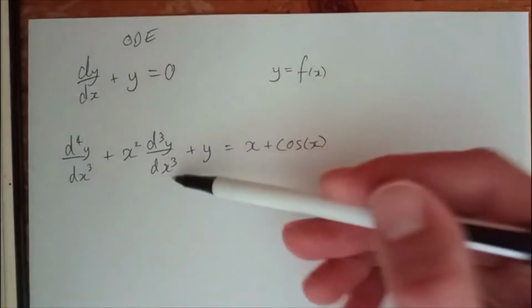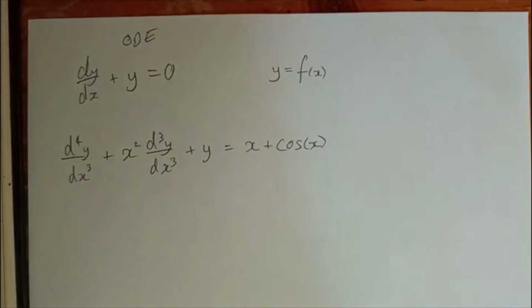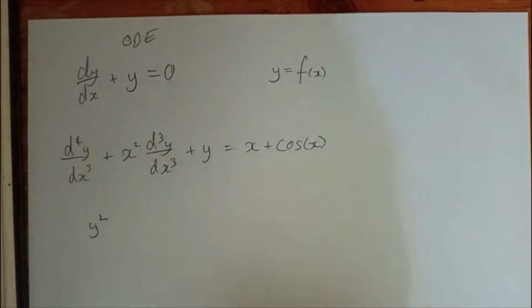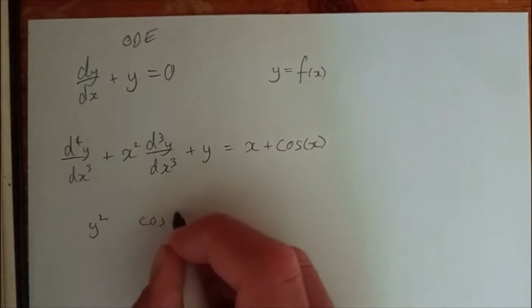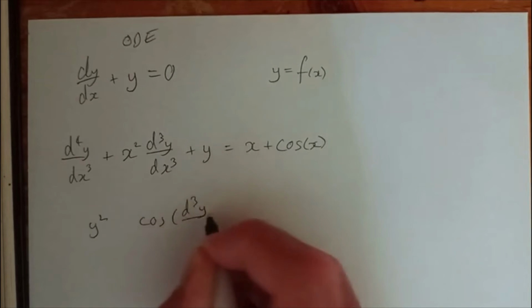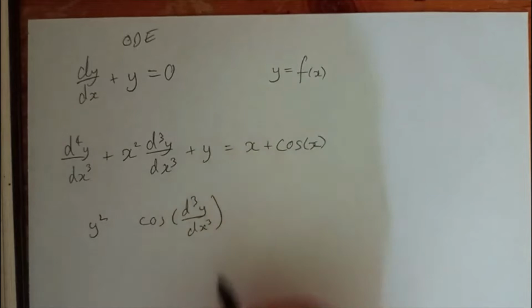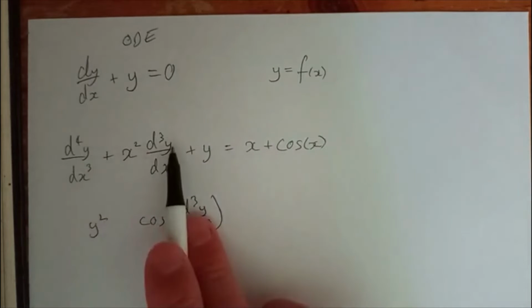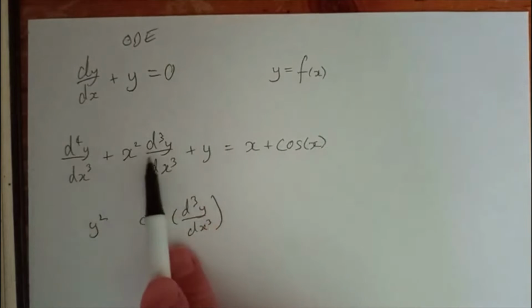Also, both of these equations are linear differential equations because they are linear in y and its derivatives. They do not contain, say, y squared or cosine of the third derivative. They do contain cosine of x and x squared, but that's okay because they're linear.